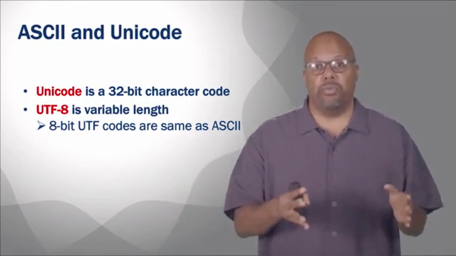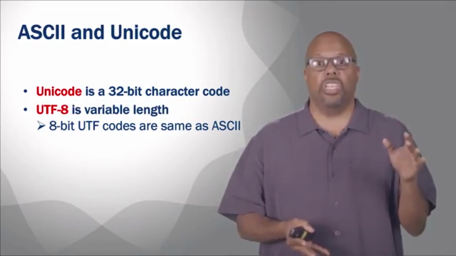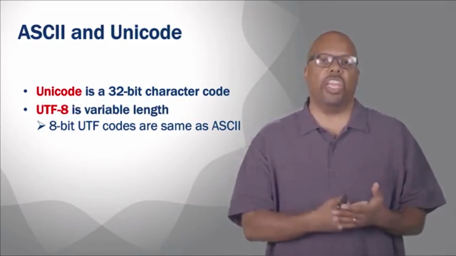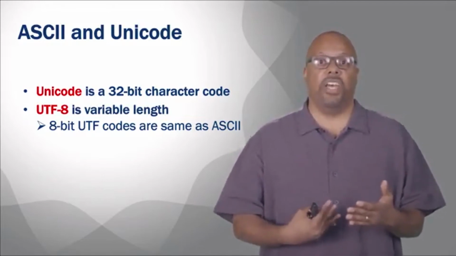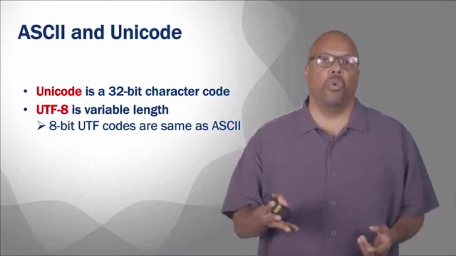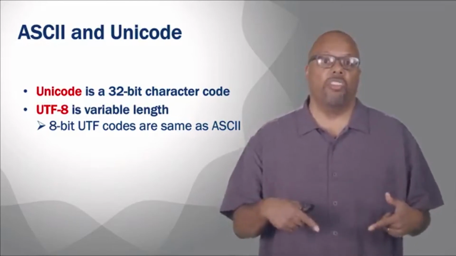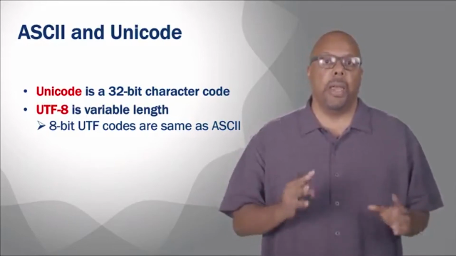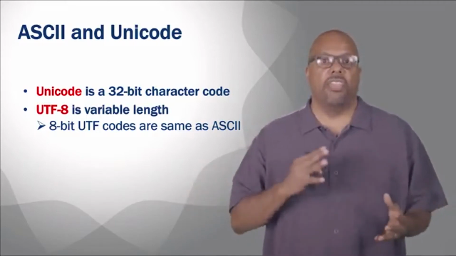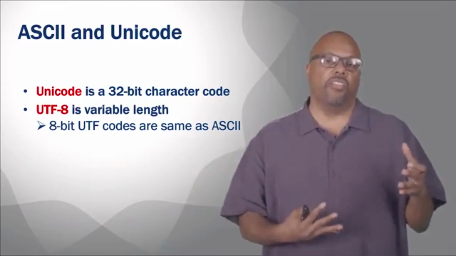And the first set of codes in UTF-8 match ASCII. So all the ASCII code values are the same as their UTF-8 values. For instance, capital A, in hexadecimal, is 41 in ASCII. It's also 41 in UTF-8. Now, UTF-8 also includes a lot of other codes, like Chinese characters, and those aren't in the first 128.